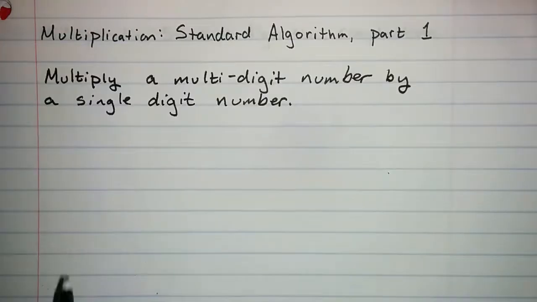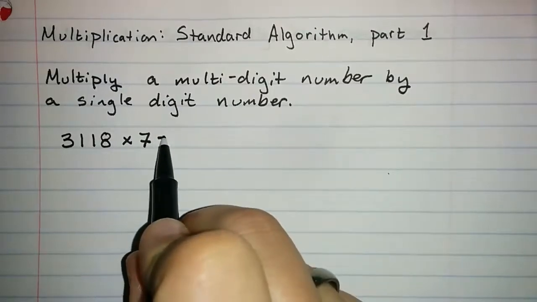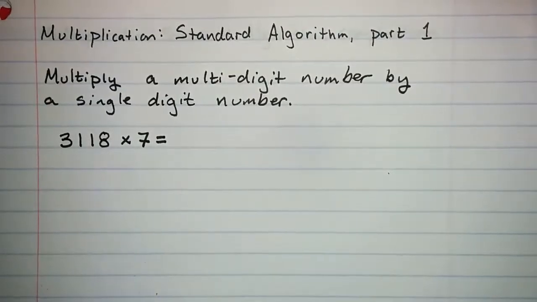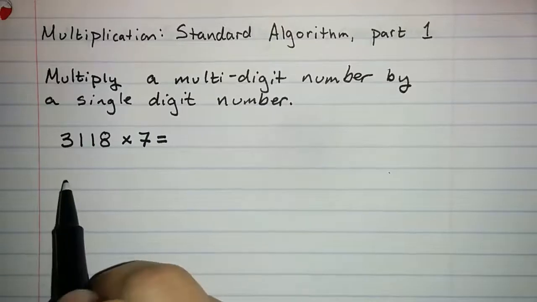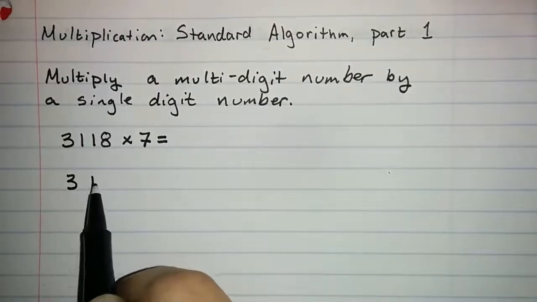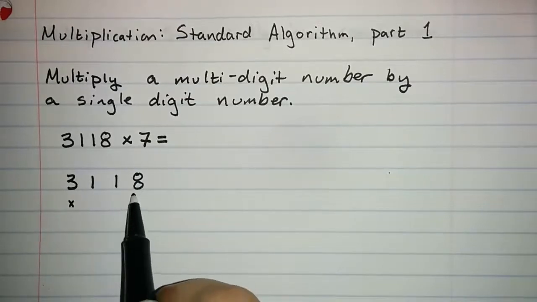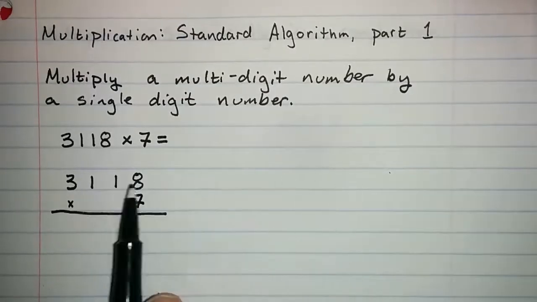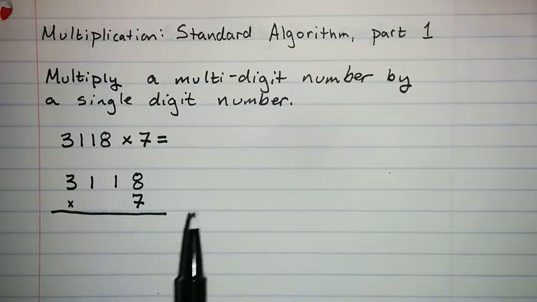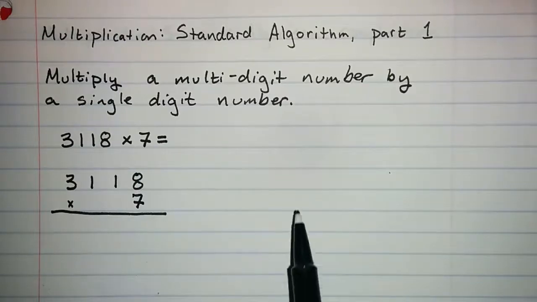So suppose we want to multiply 3,118 times 7. To set up the standard algorithm, we'll write 3,118 times 7. And I'm going to work the same problem in the area model just so you can see what's going on.